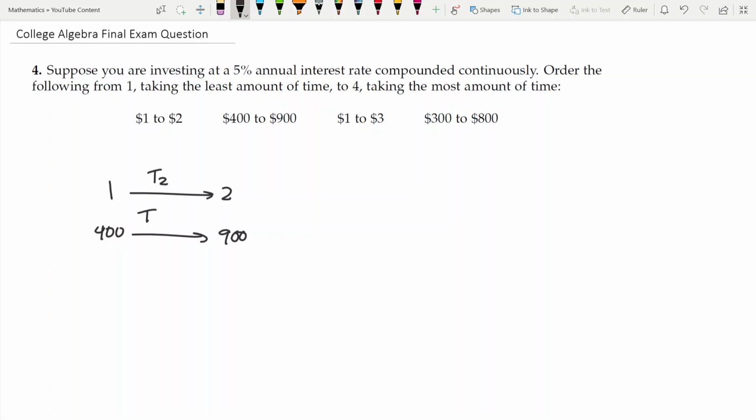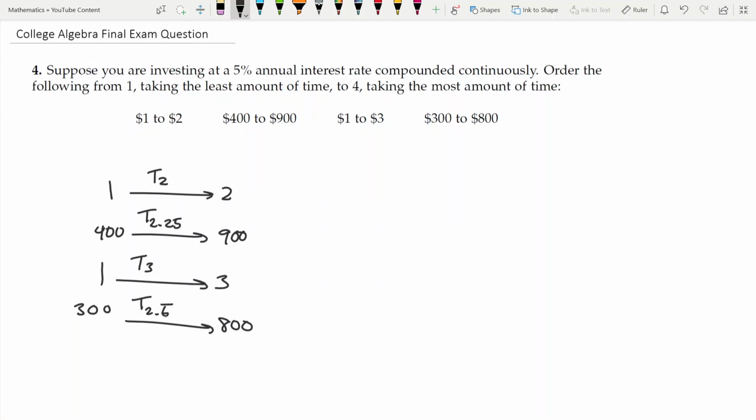That's the multiplier to get 400 to 900. That is 9/4, which is 2.25. 1 to 3 will take t3 time. 300 to 800 will take t of 2.6 repeating, or t sub 8/3.